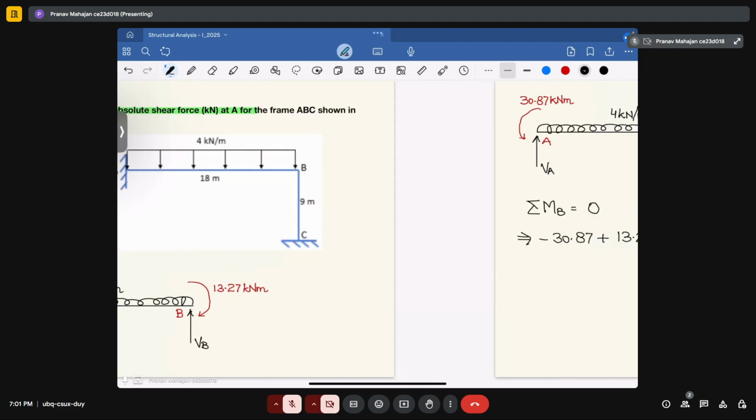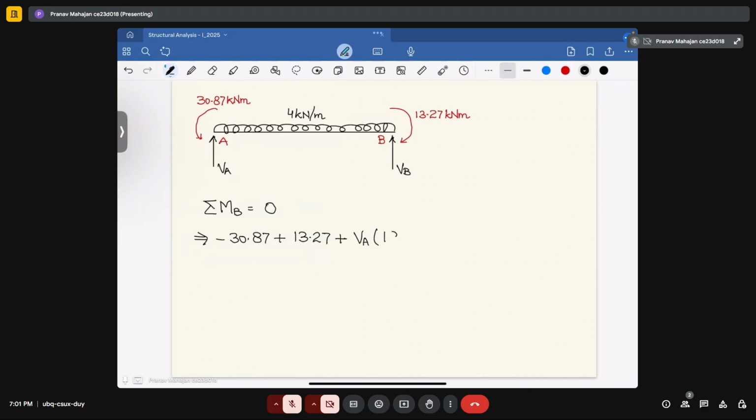Length here is 18 meter. And the loading will also come as negative. So 4 into 18, and at how much distance? 18 by 2, and that will be equal to 0.